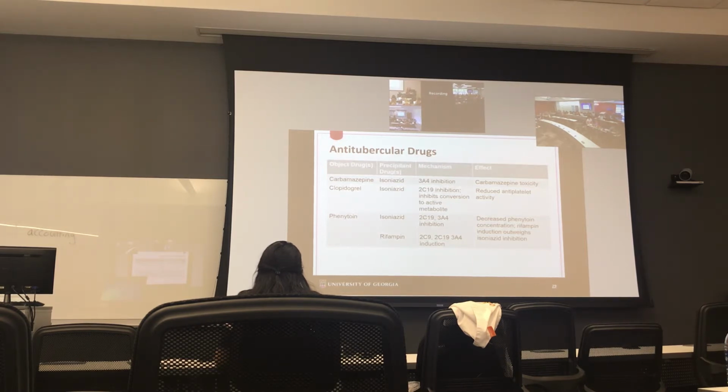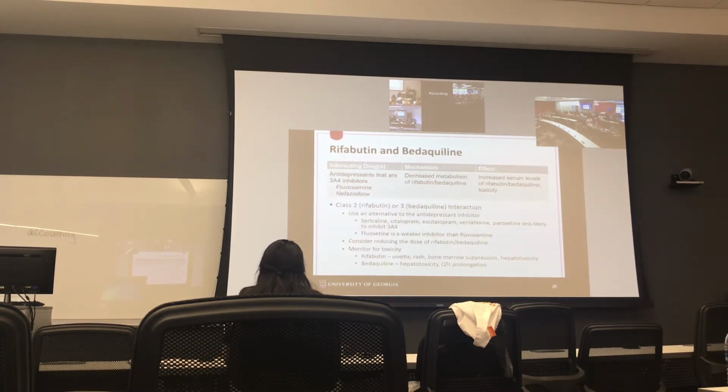All right, so I mentioned that some of our interactions with rifabutin and bedaquiline will be similar because they're both 3A4 substrates. So these are similar interactions that we've seen before with other 3A4 substrates. You don't see this interaction with rifampin because rifampin is an inducer of 3A4, but not a substrate of 3A4. So some of our antidepressants, fluvoxamine and nefazodone, are 3A4 inhibitors, so we'll have decreased metabolism of rifabutin and bedaquiline, increased serum drug levels, and increased toxicity.